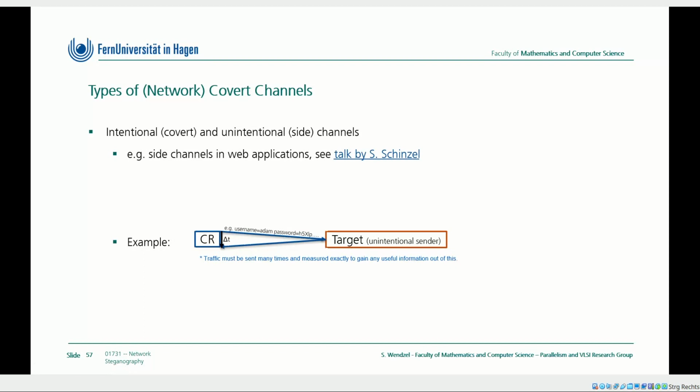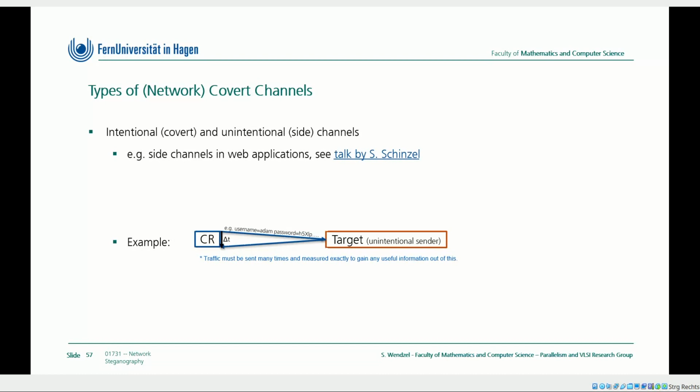What this means is if you send a username many times and measure the response time, so the time delta between sending your request and receiving the response, and you compare the time it takes to get a response for different usernames, you can see whether a username exists, because the response will take longer for a username that exists because the password has to be checked too.